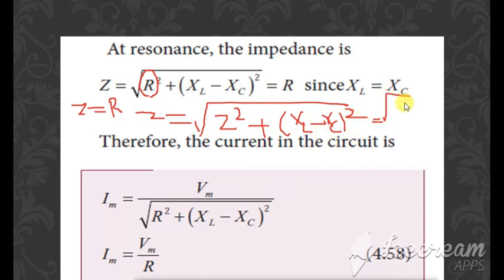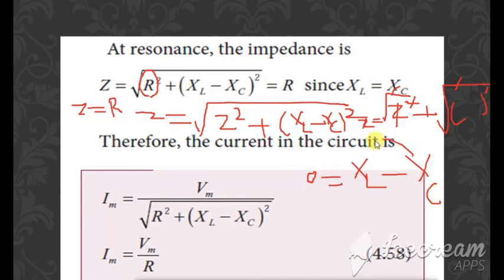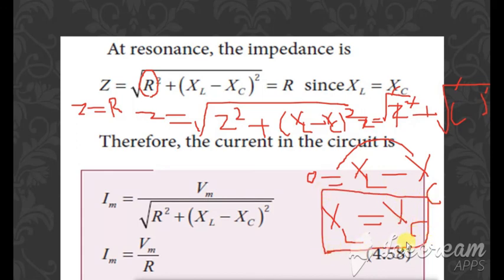So we get root of R square plus root of XL minus XC the whole square. That term as it is, and on this side what do we have? Z. If this square and this root get cancelled, we get Z also cancelled, so that on this side we have the term 0. And on this side also this square and this whole square get cancelled, so we get XL minus XC. Now if we take this to this side, we get XL is equal to XC. So finally we have arrived at the condition which is XL is equal to XC. So we have proved this.